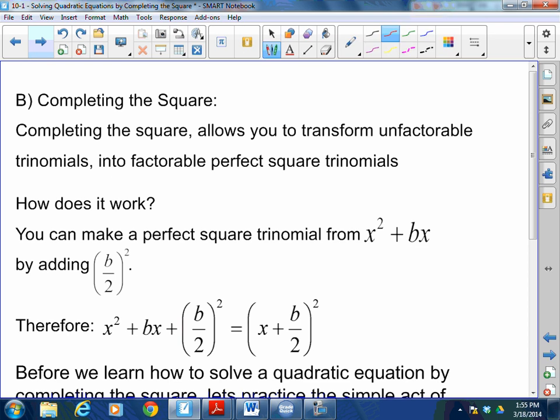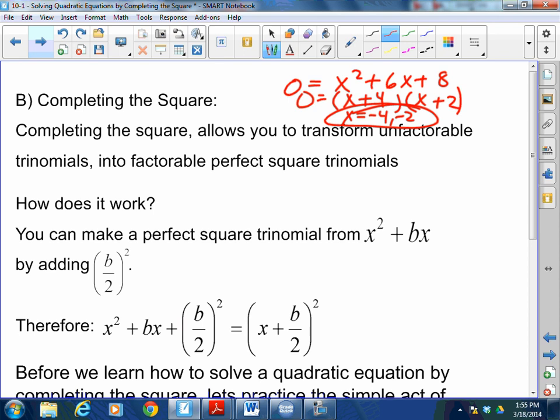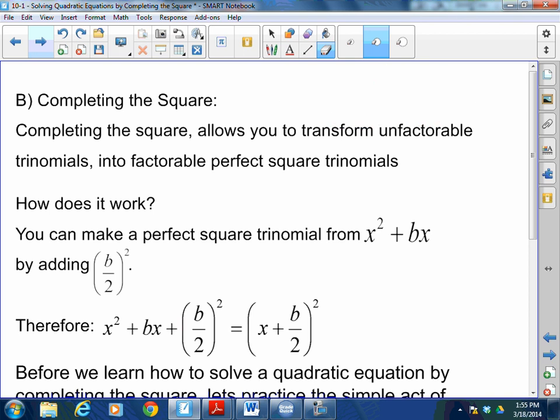If they told you to solve, and you had this, I'm just making something up, you factor that out, x plus 4, x plus 2, zero product property, x would equal negative 4 and negative 2, right? We know that backwards and forwards, correct? Okay. What happens when you can't factor them? You use what's called completing the square. How does it work? Super simple.